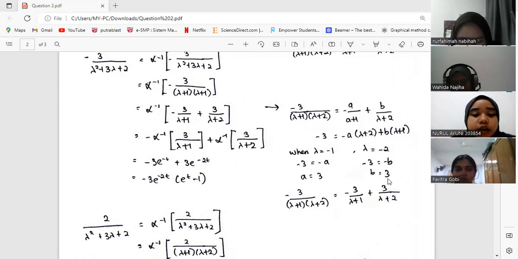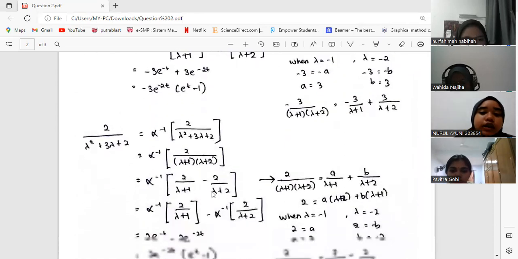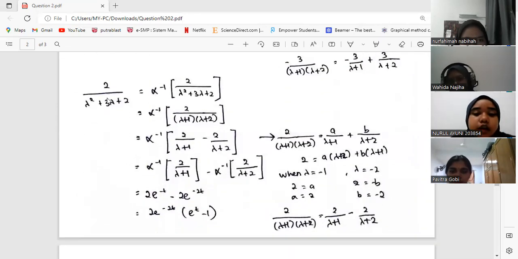So the final answer is negative 3 e power of negative 2t multiplied with e power of t minus 1.